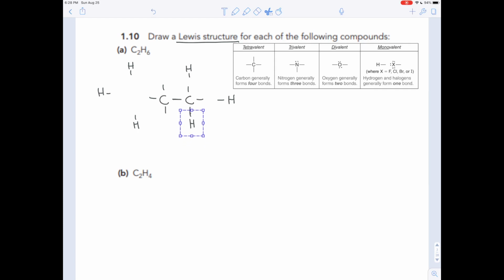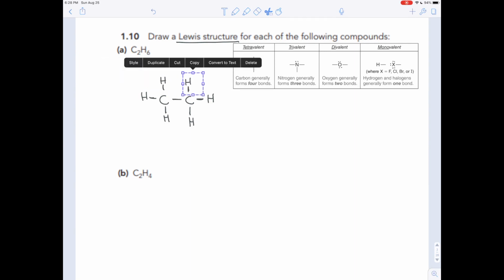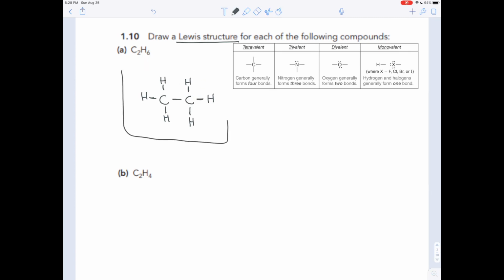And you want to do that until all of the bonds connect to another atom. So here you can see how all of those bonds can line up to produce that molecule, and that is what this C2H6 would look like.